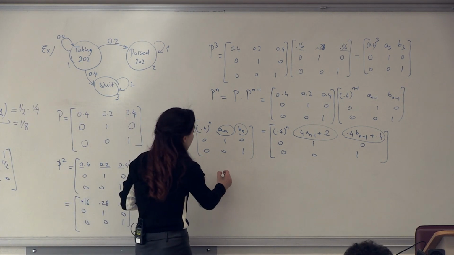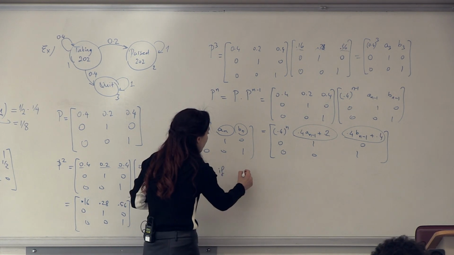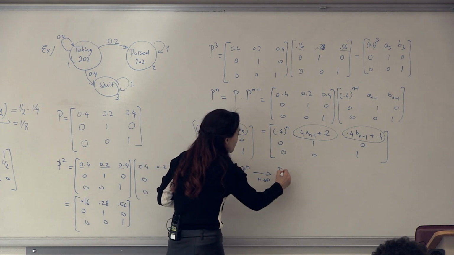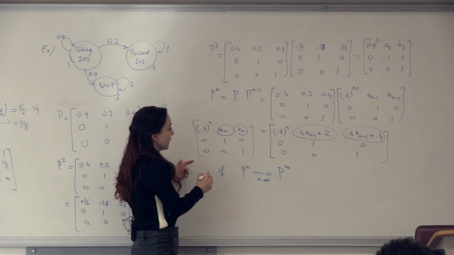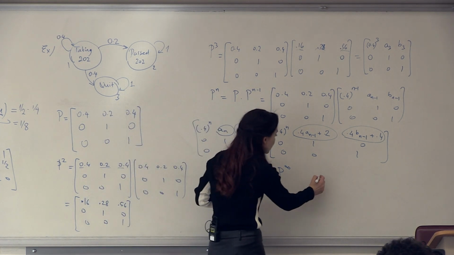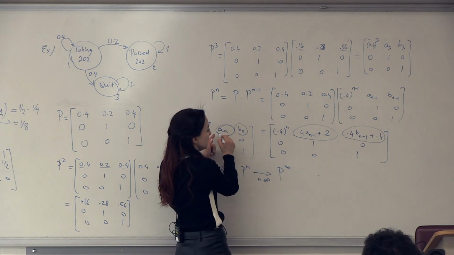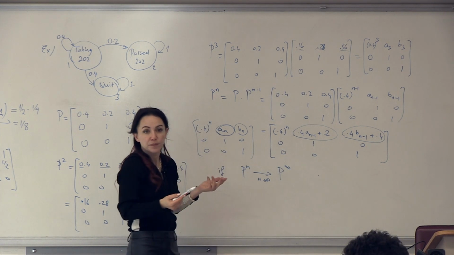Basically, if the P to the n matrix, as n is increased, goes to some P infinity matrix, then this entry would equal its value in the previous iteration.